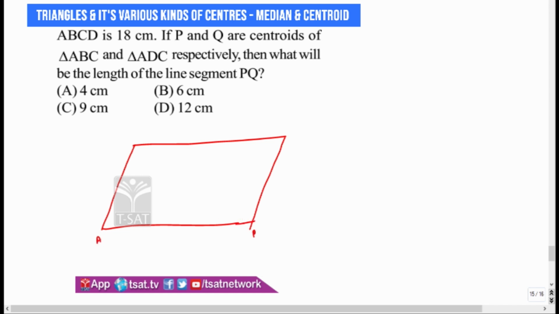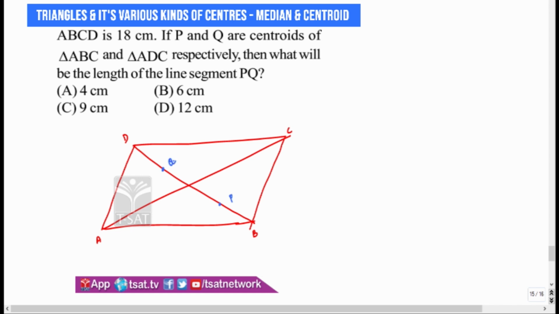Here are the vertices A, B, C, D. So, the length of BD is 18 centimeters, and P and Q are the centroids of ABC and ADC. Let this be P, let this be Q.